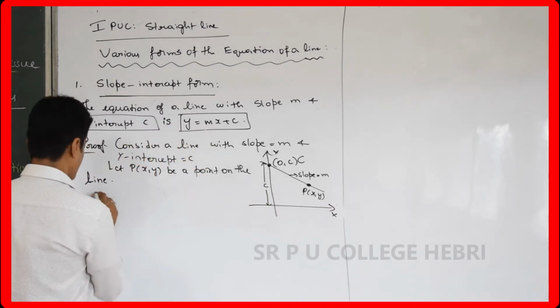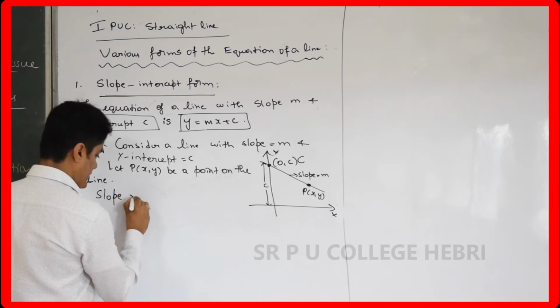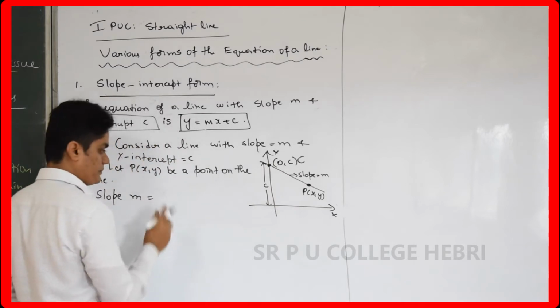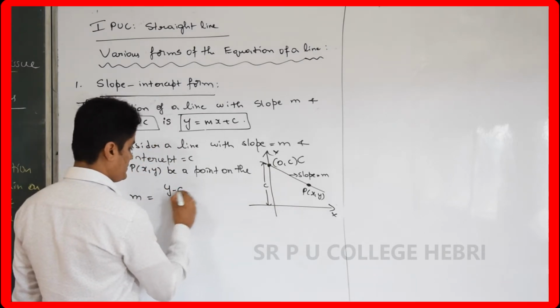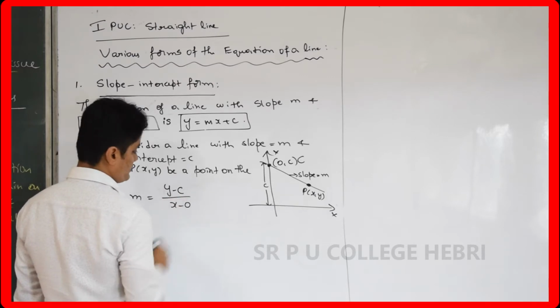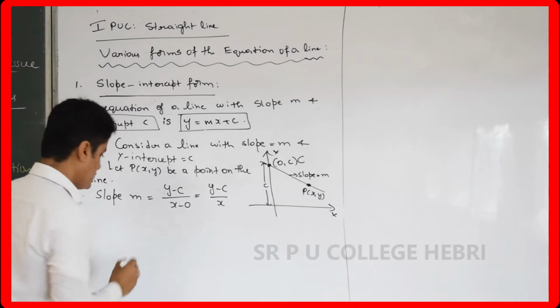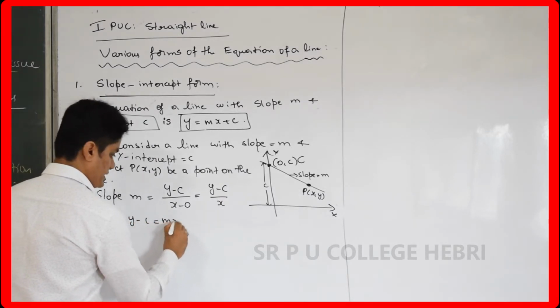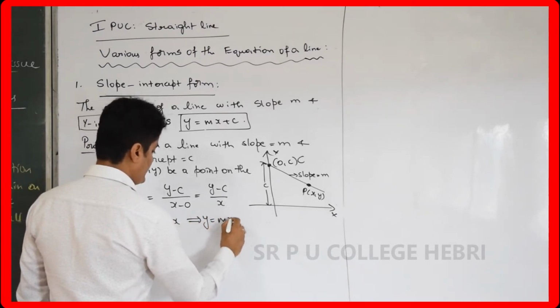Therefore, since we know the 2 points on the line, the slope m must be equal to (y2 - y1)/(x2 - x1). So (y - c) divided by (x - 0), that is (y - c)/x, correct? Cross multiply. So this implies y - c = mx. This implies y = mx + c.